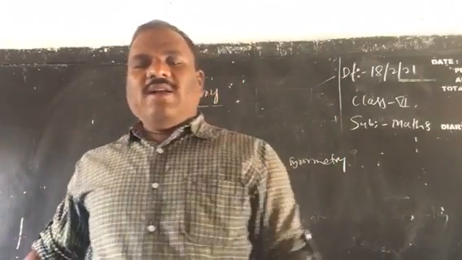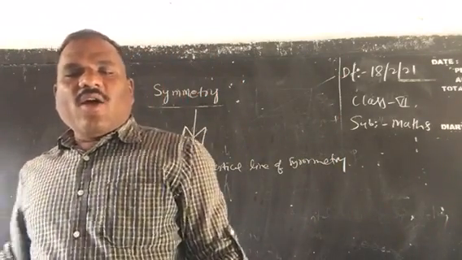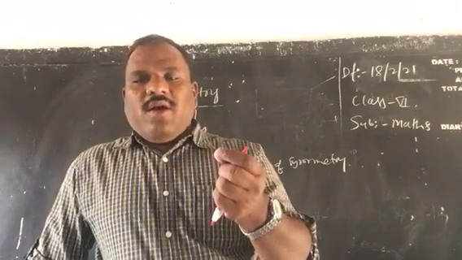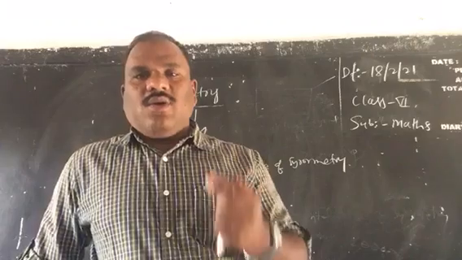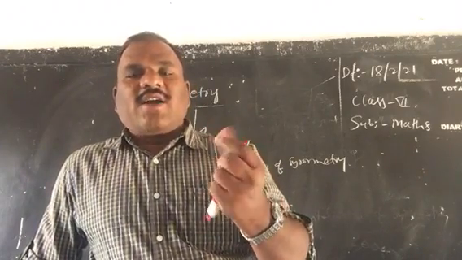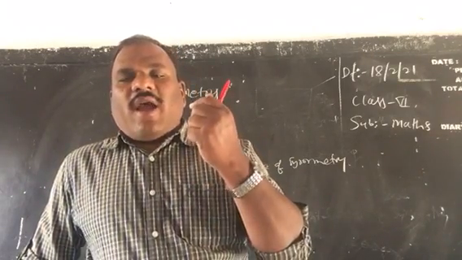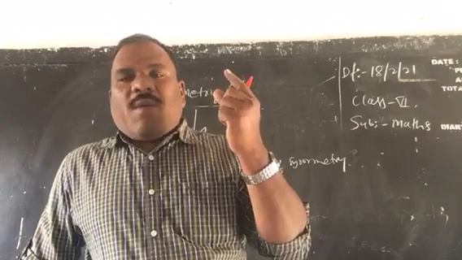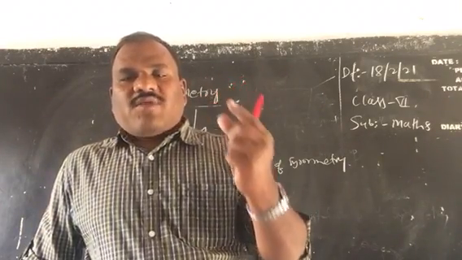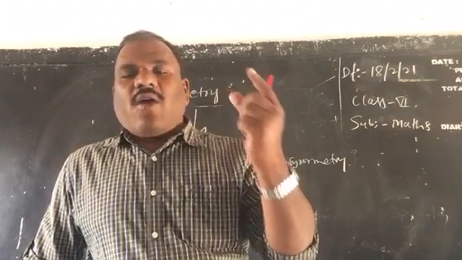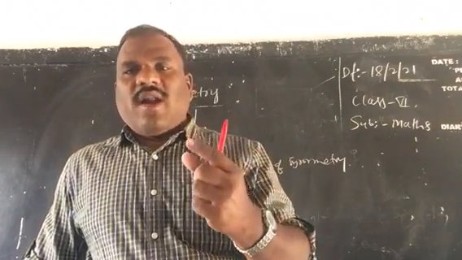So any line along which we can fold a figure so that two parts of it coincide exactly is called a line of symmetry, and it can be a horizontal, vertical, or diagonal line of symmetry.